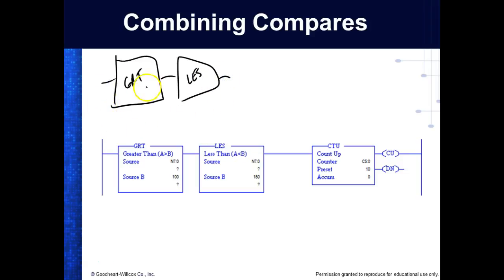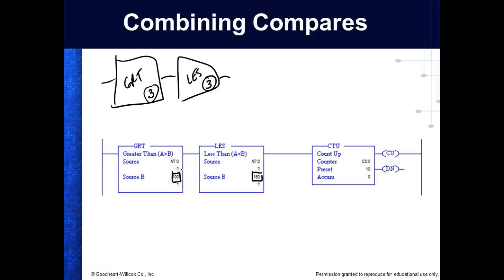Because let's say we say greater than 3 and less than 4. The same source. This would be set greater than 3 and less than 3. So when this was true, this right here would be false, and when this was false, this one right here would be true. Here we're using greater than and less than, but both these numbers are not the same.